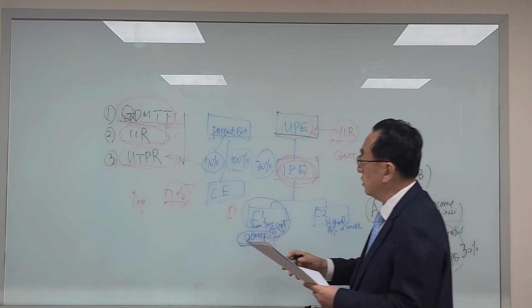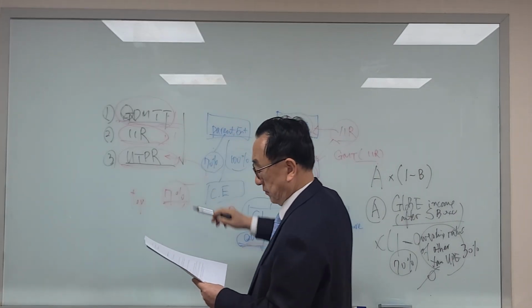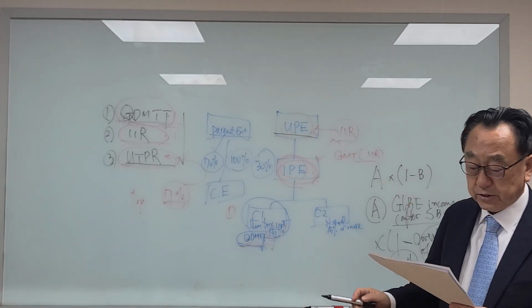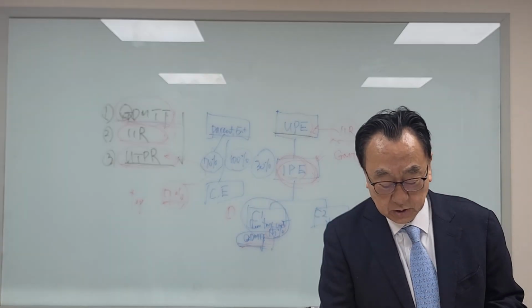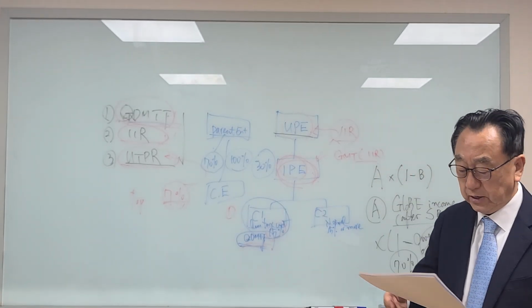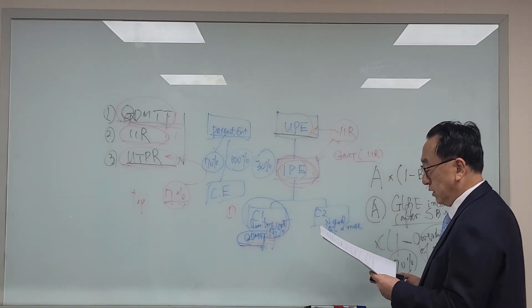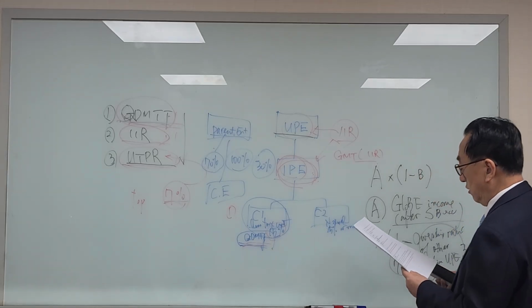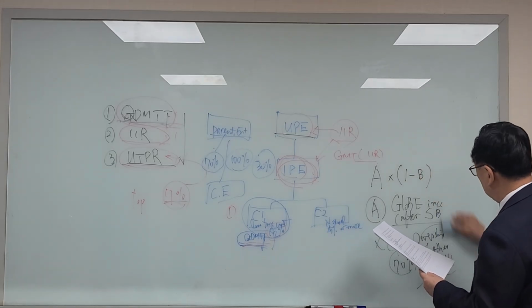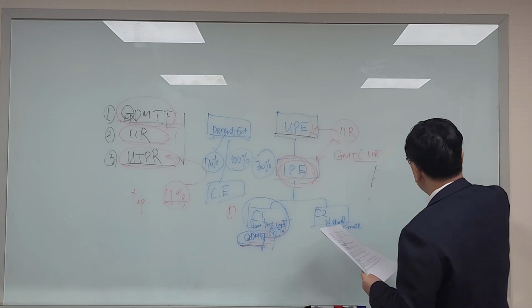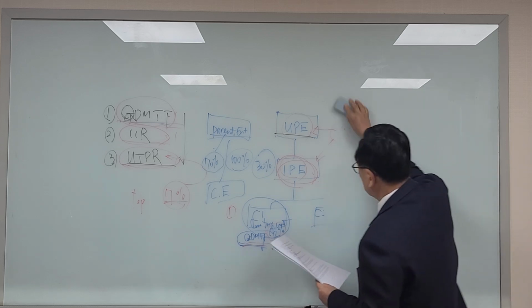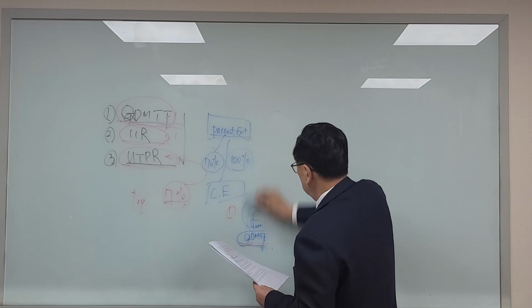Number 3, UTPR. Undertaxed payment rule applies if the income inclusion rule does not fully allocate the top-up tax. When the QDMTT and IIR do not fully allocate the required top-up tax, the final method is UTPR.